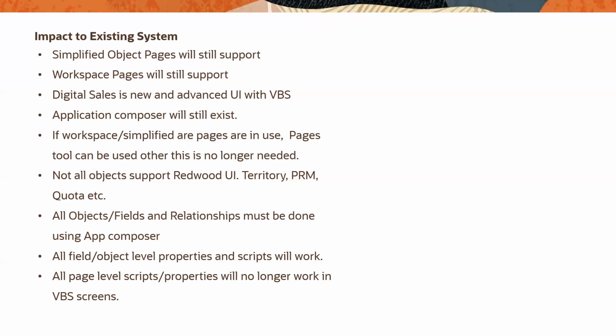Unlike in Application Composer, we don't have predefined standard pages, so we need to design, create, and edit pages from scratch. But we may expect in future that in Next-Gen Sales the custom object will have predefined pages like we have in the simplified UI, though that might come in future releases.